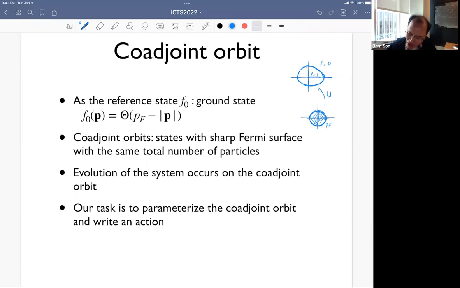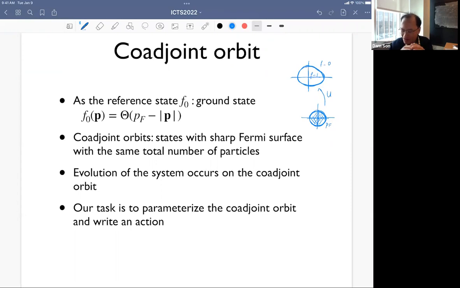So the coadjoint orbits are still states with a sharp Fermi surface with the same total number of particles. That means that the Landau kinetic equation, Liouville's equation, is an evolution equation describing evolution on the coadjoint orbit. So the coadjoint orbit is a natural place where this Fermi liquid lives.